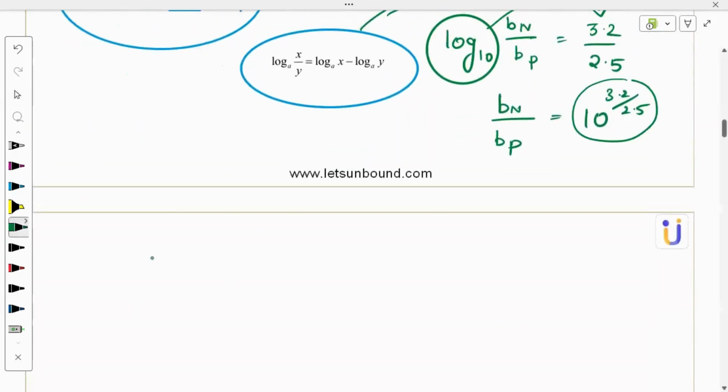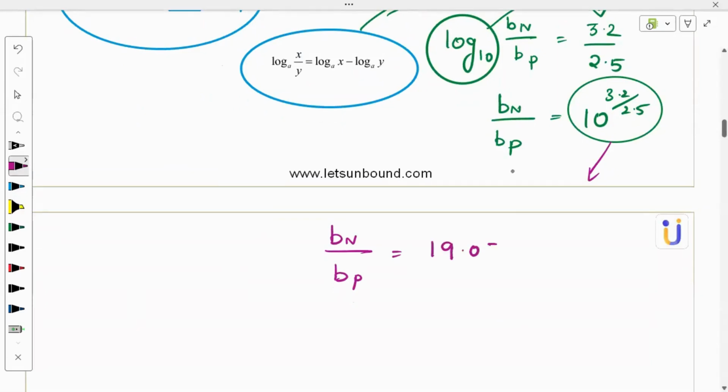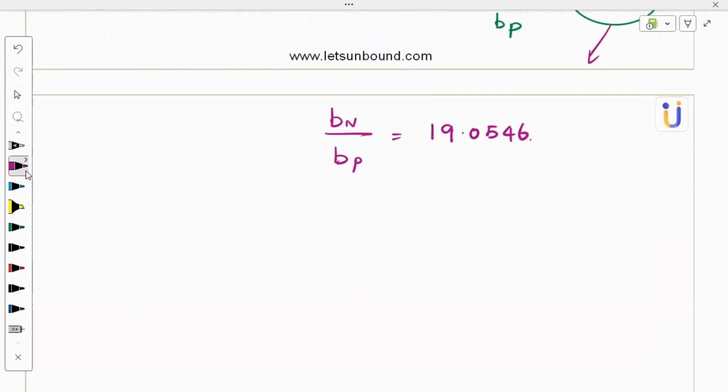This is very simple. You convert into a normal number. So Bn by Bp equal, when you solve it using your calculator, you will get around 19.0546. Okay, now brightness of Neptune is equal, when you approximate it, 19.1 times brightness of Bp.